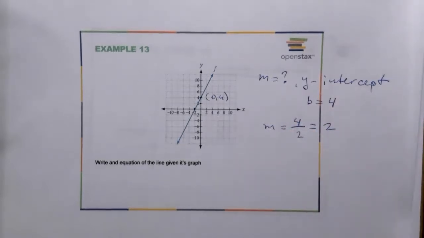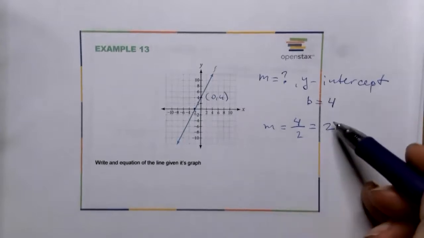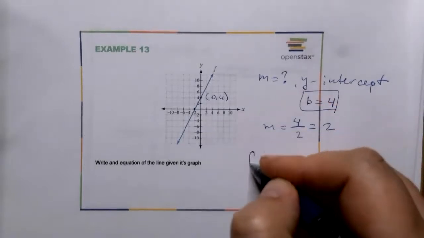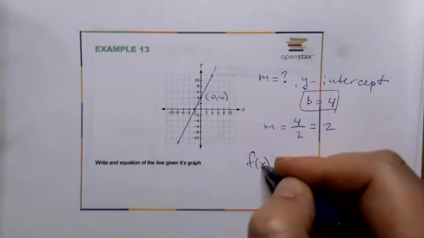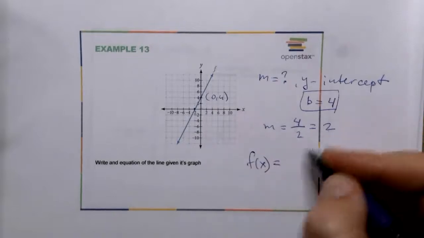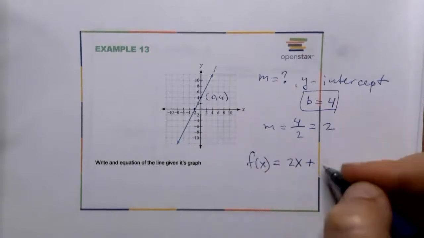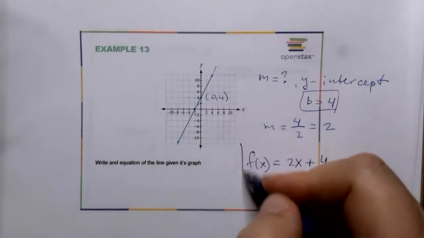So make sure you watch out for that. Other than that, it's that simple, right? So once we know m and b, then we can write our equation. It's f of x equals 2 times x plus b, which is 4. And that's it. You're done.